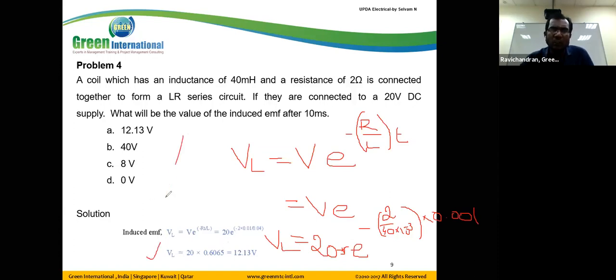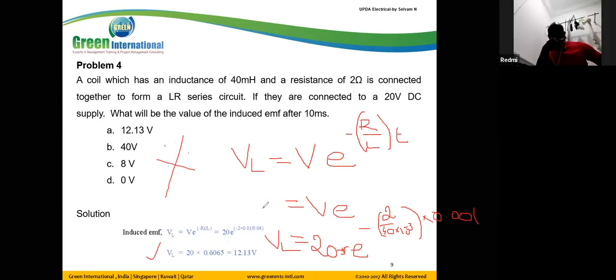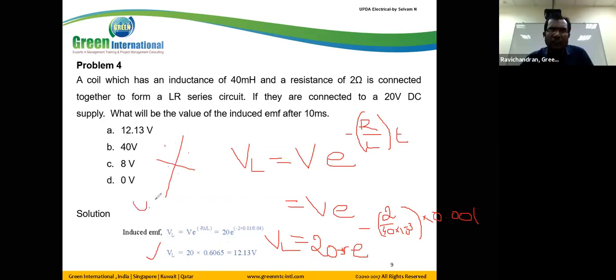We substitute the value and we get the answer. And once again, it's too important: use the calculator. Use the system calculator to find e to the power of, because we fail to use the system calculator.